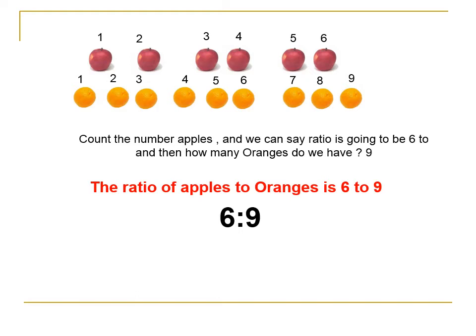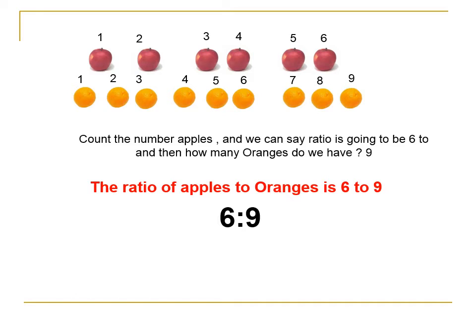But we don't have to just be satisfied with this, because one way to think about ratios, especially if we are thinking about apples to oranges, is how many apples we have for a certain number of oranges. When you think about it that way, we can actually reduce these numbers.